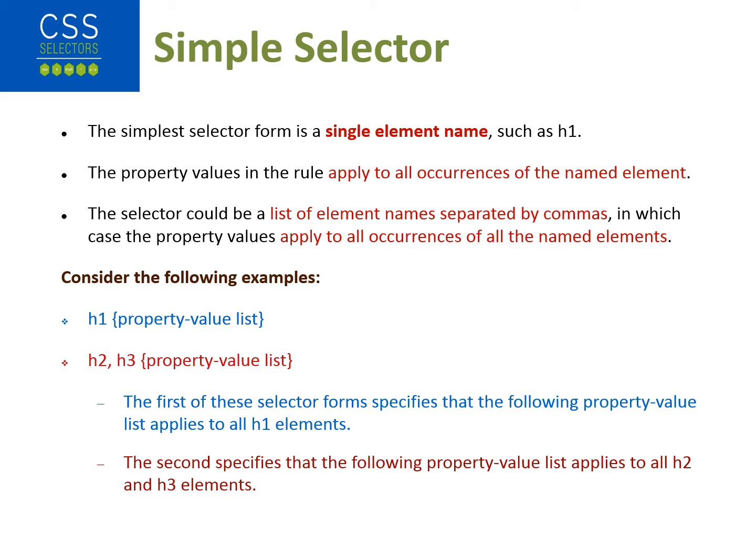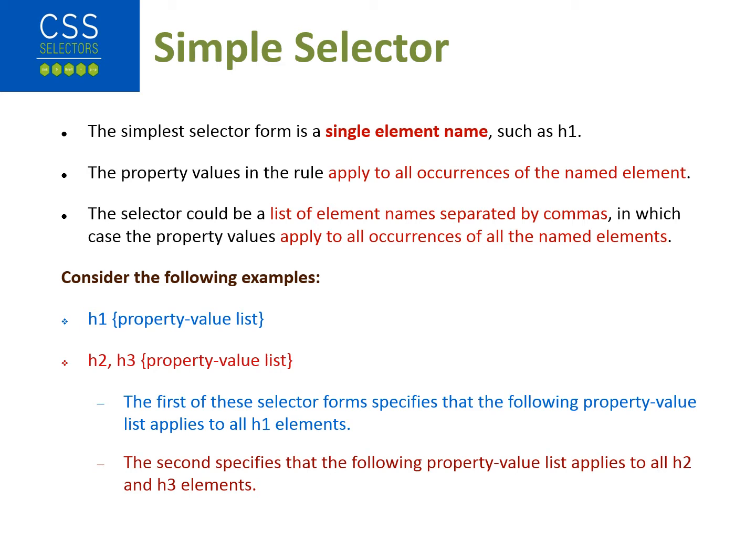Here we have two examples. Consider the first example, h1 property value list. The first example is a simple selector where the selector is h1. It simply specifies some property value list, and this property value list is applied for the h1 tag. Now see the second example.